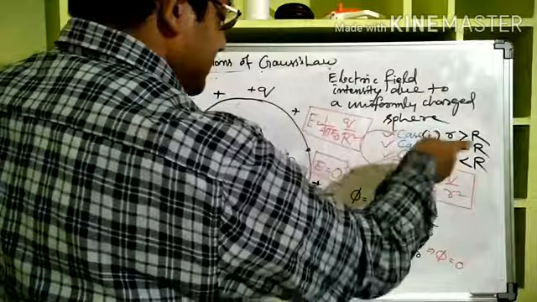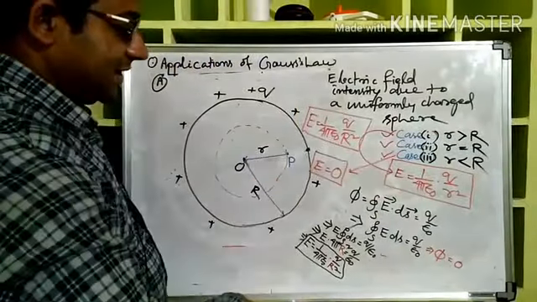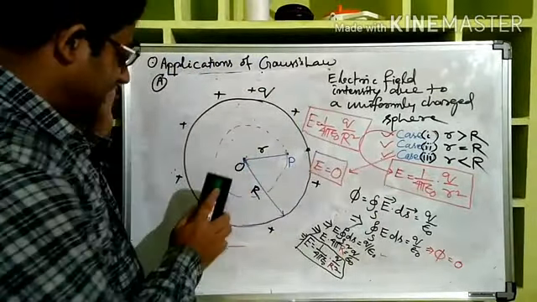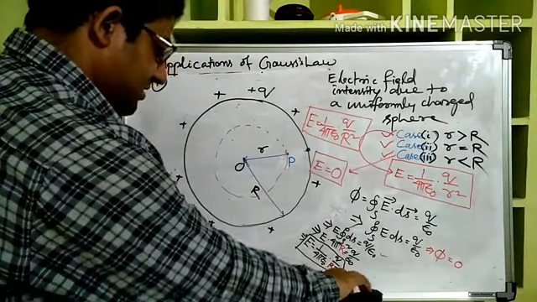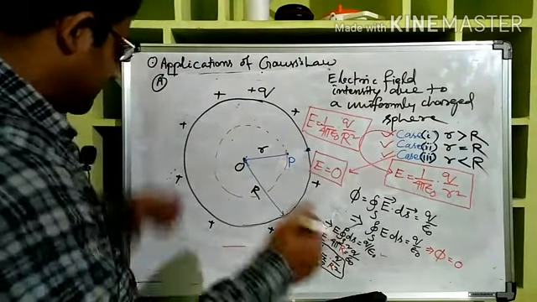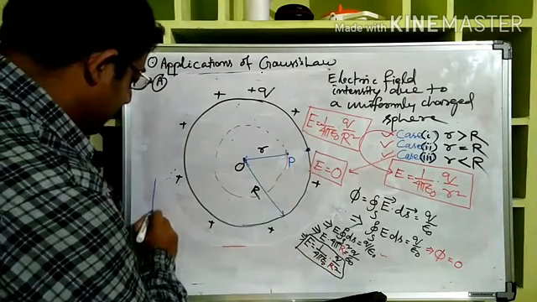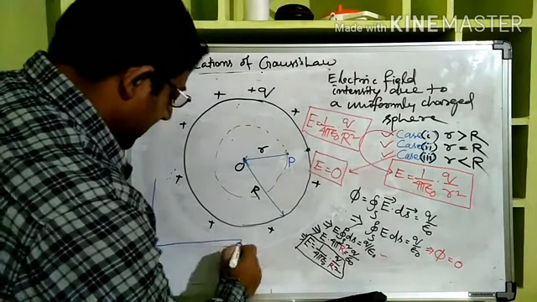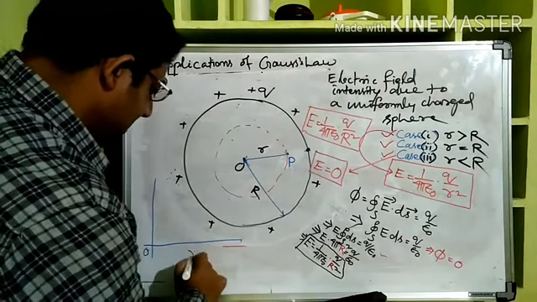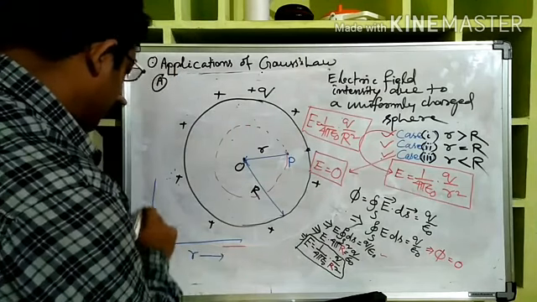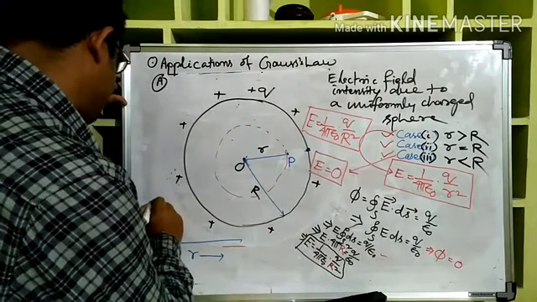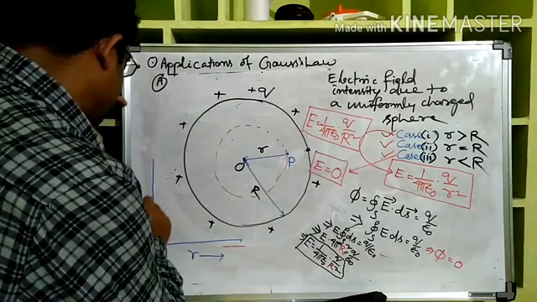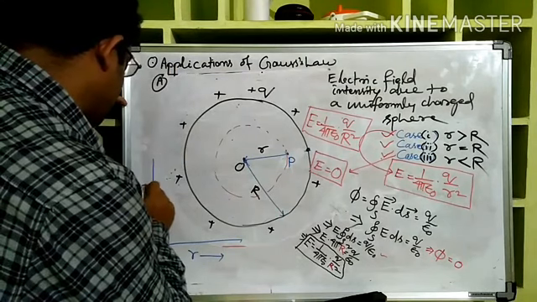Now there is a question: represent graphically or pictorially the electric field intensity at any point due to a uniformly charged sphere. How will that look? These three results I am showing here, let me not erase them. See, now I will take R along the x-axis, and along the y-axis, the perpendicular axis, I will take E. Okay.